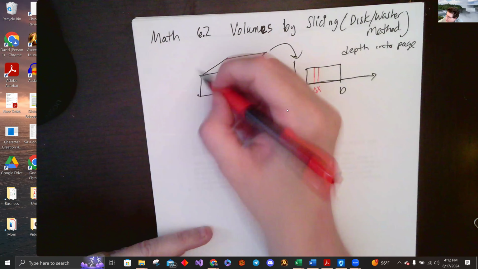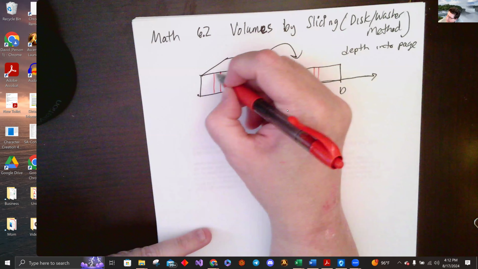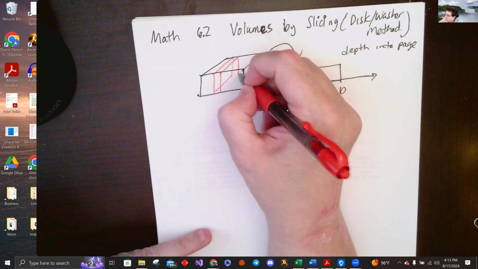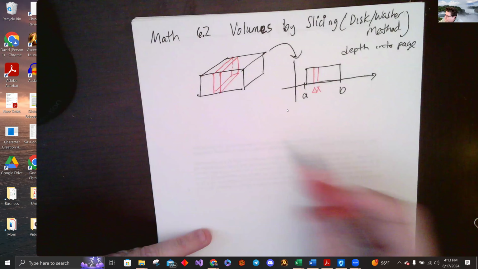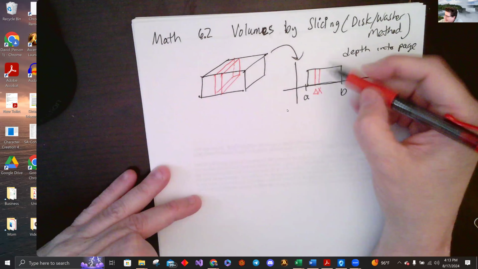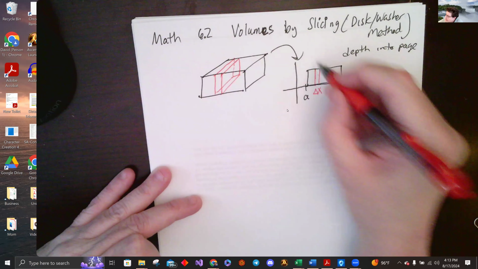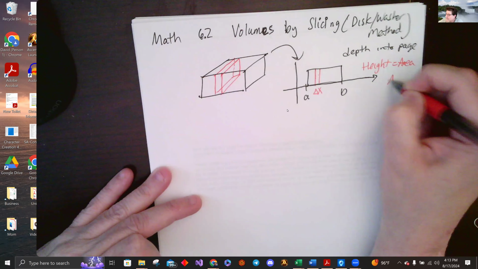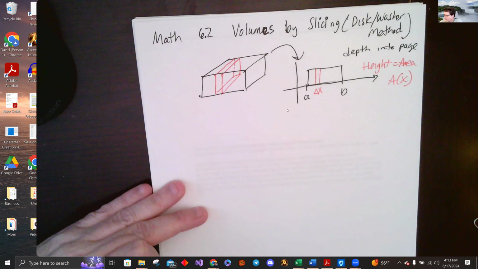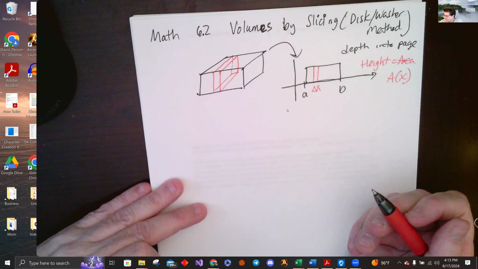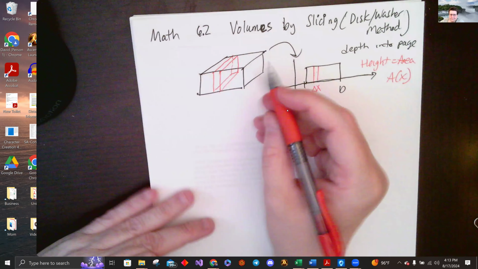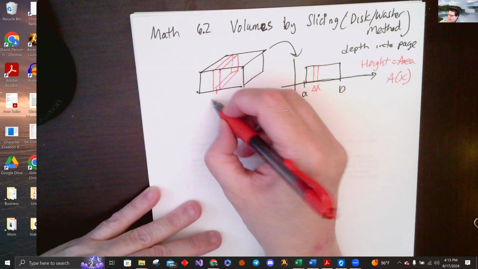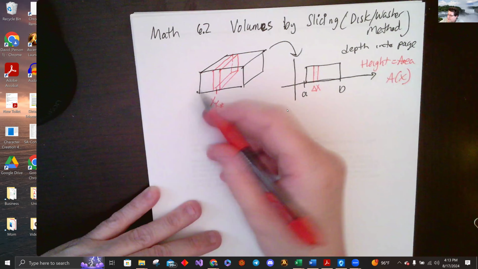If I look right here, that's this box right here. So it's not just a rectangle, the height is really an area here, so we'll call it A(x). If we pick some x_k star element here, this will be the volume.